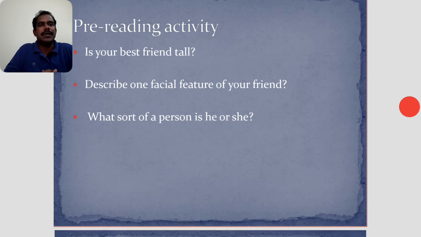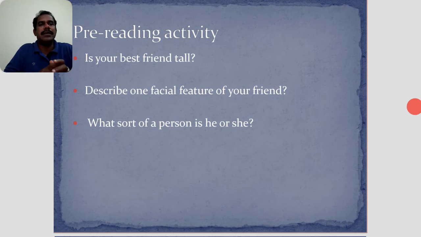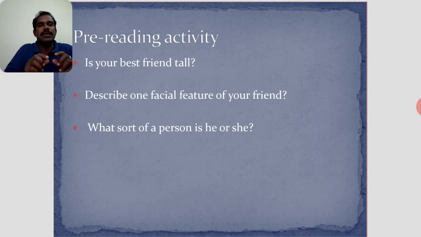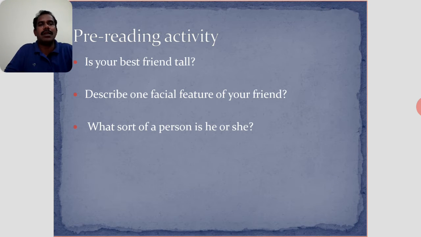How is he? His nose is big, or his eyes are big or small, he is tall, his mustache is big or small. Describing a person's features and facial expressions are also adjectives.